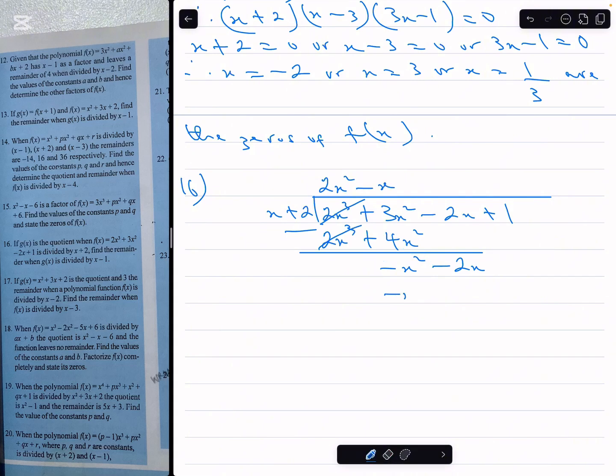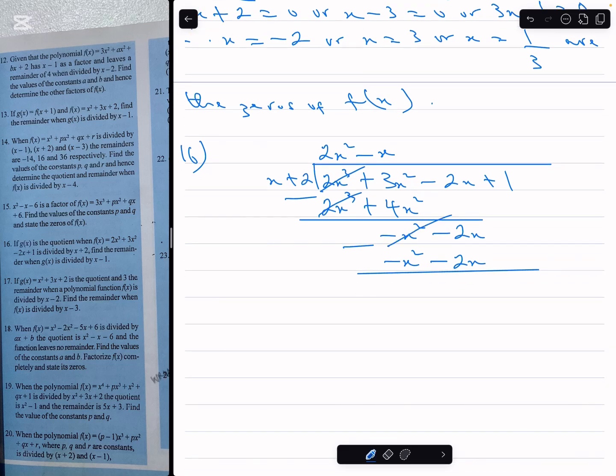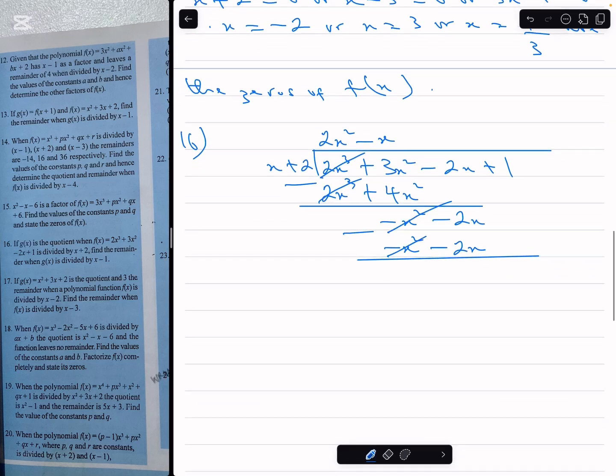When you multiply, you have minus x squared. You are multiplying the whole of this by minus x: minus x squared plus 2 times minus x is minus 2x. And you subtract again. Minus x squared plus x squared is 0. Minus 2x plus 2x will also be 0.